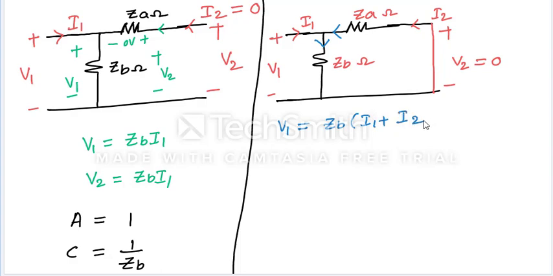Next, some current will go here, some other current will go. I want to get the relationship between I1 and I2, this I2 current.